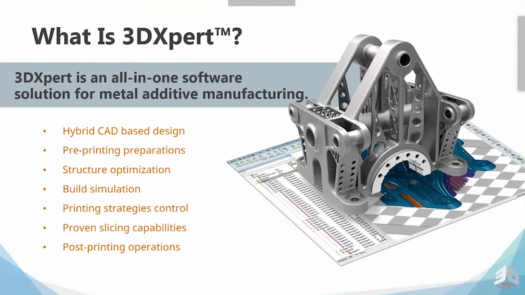It's all in one software package. You can do all of your supporting. You can do build simulation that we're going to talk about today, control all of your print strategies and welding strategies. And this has an integrated slicer and also some post-processing operations, if you want to export to maybe some G code for some CNC machining afterwards.